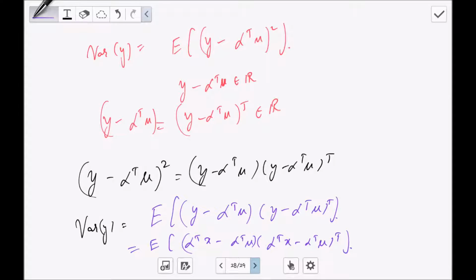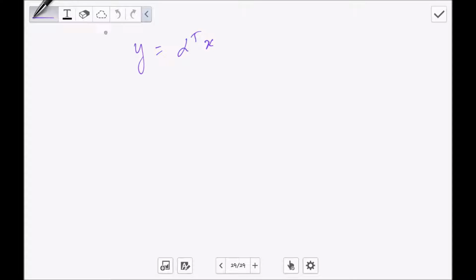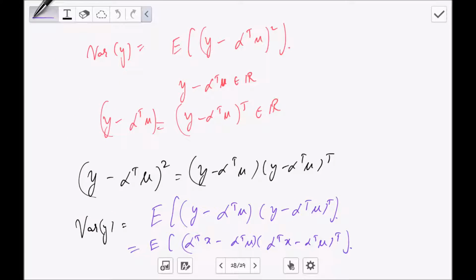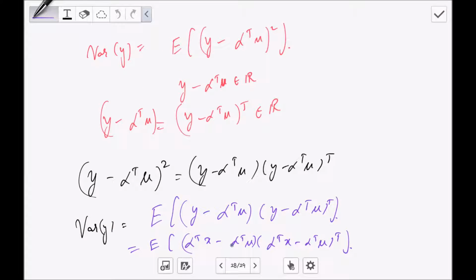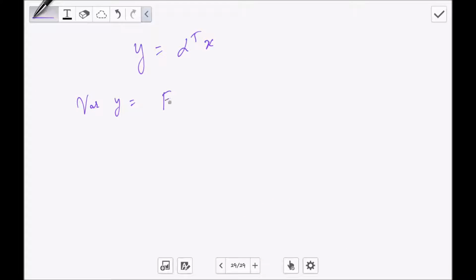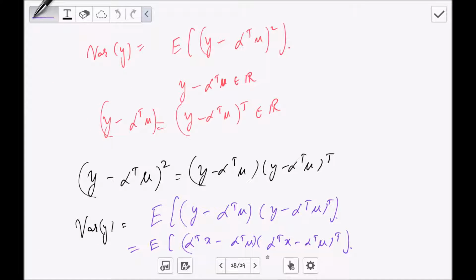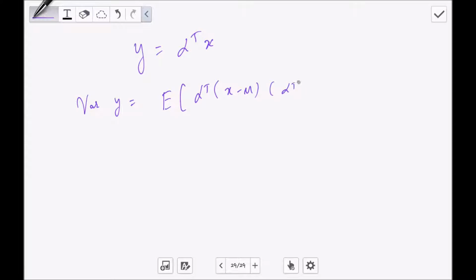Okay, now you will write this as variance of y, which is what? This alpha transpose will come out, alpha transpose x minus mu, and here it will be the same thing, alpha transpose x minus mu the whole transpose, right? Because its transpose was here.